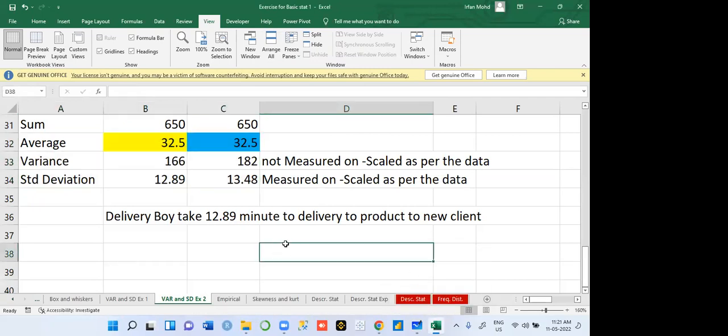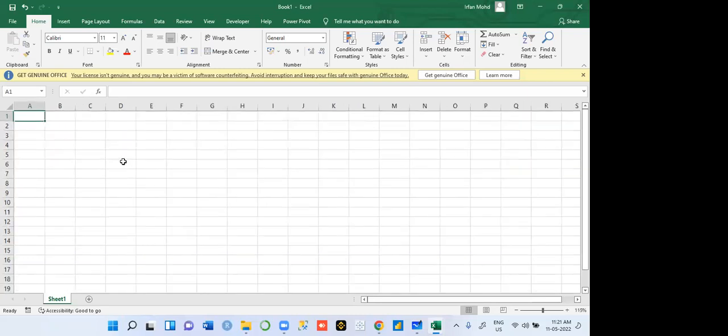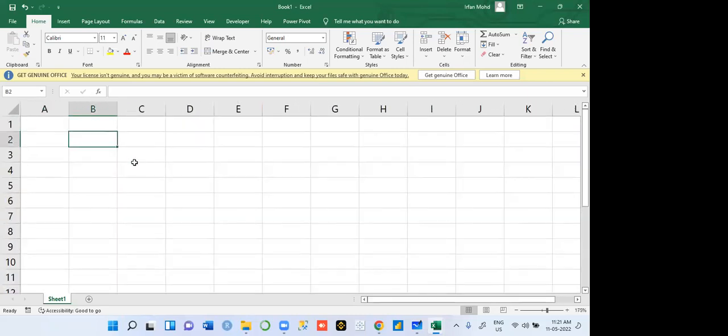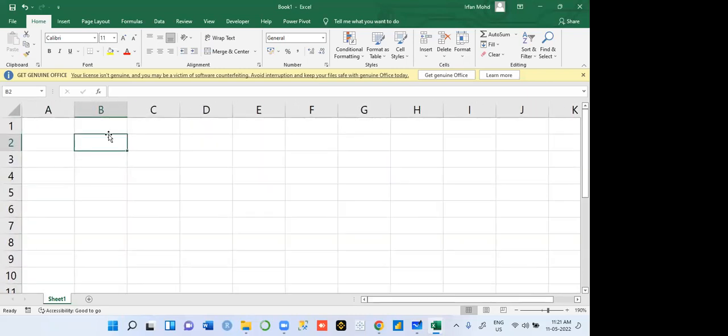Can you give me the example which we took last time, the mean median mode? Can you give me the numbers? 23,000, 24,000, 23,000.